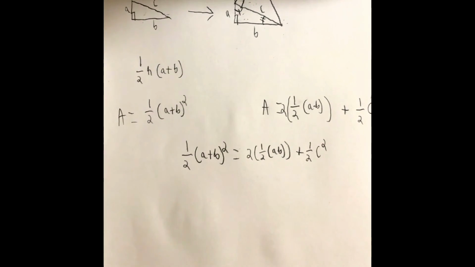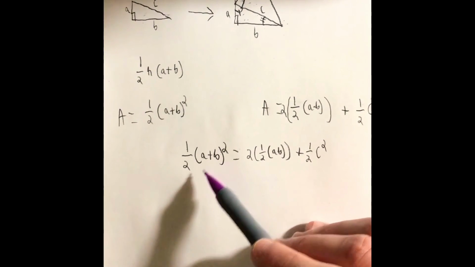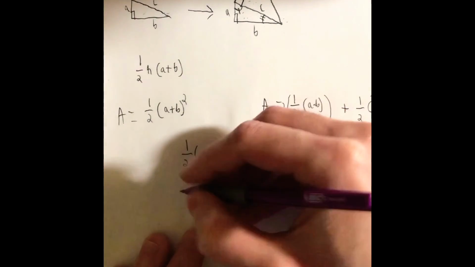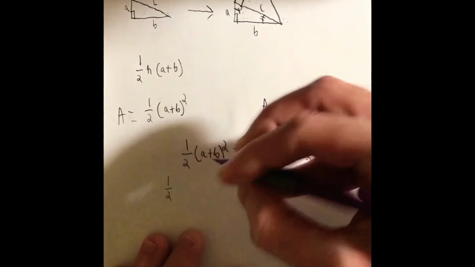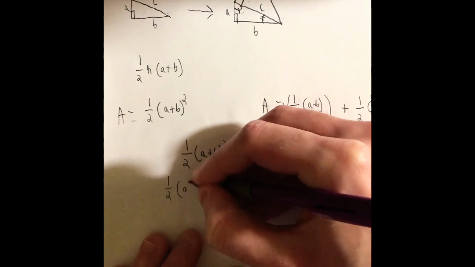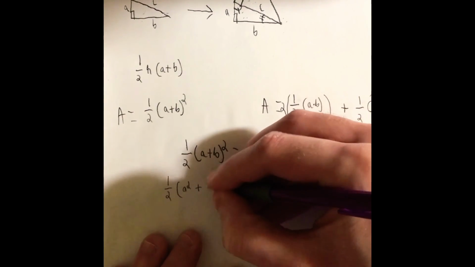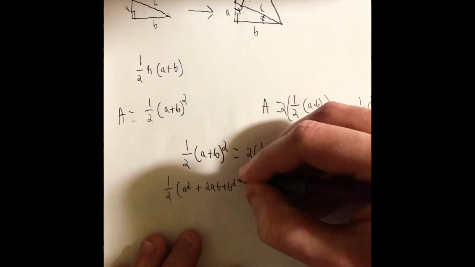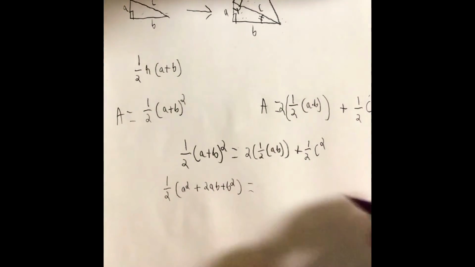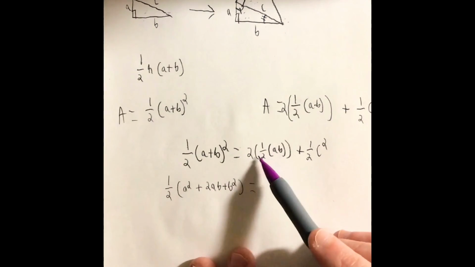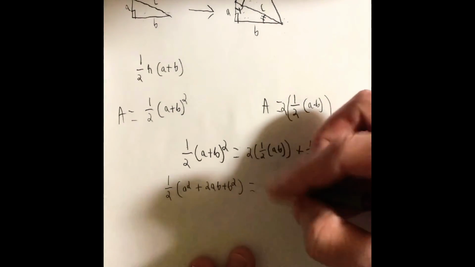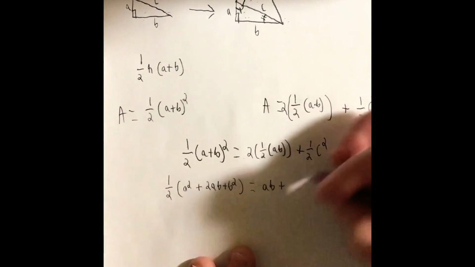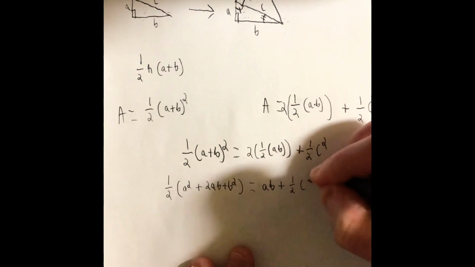So starting off, you want to distribute this a plus b times a plus b. Keep the 1/2 out here. It's going to be 1/2 (a squared plus 2ab plus b squared). And then you got this equivalent to, let's go ahead and get rid of the 2 times 1/2 right there. This is equal to ab plus 1/2 c squared.